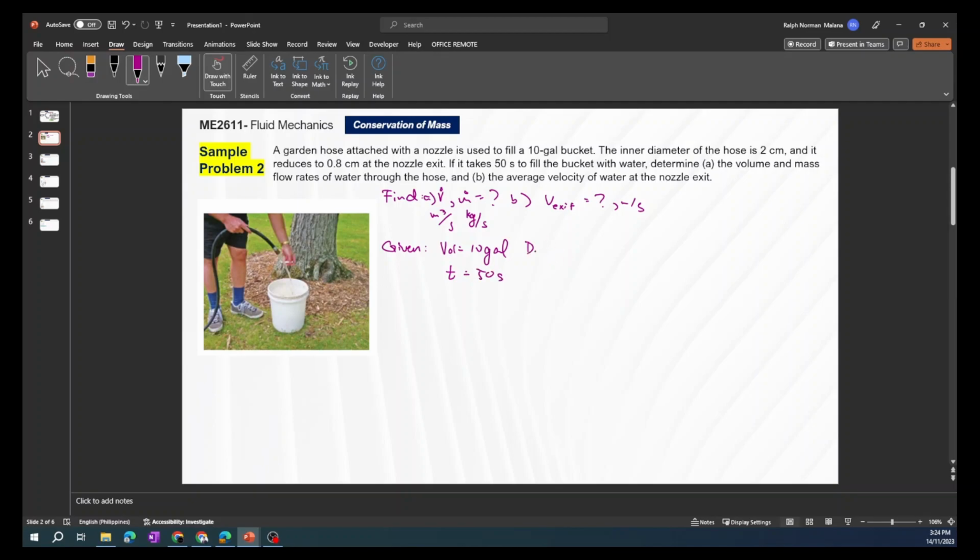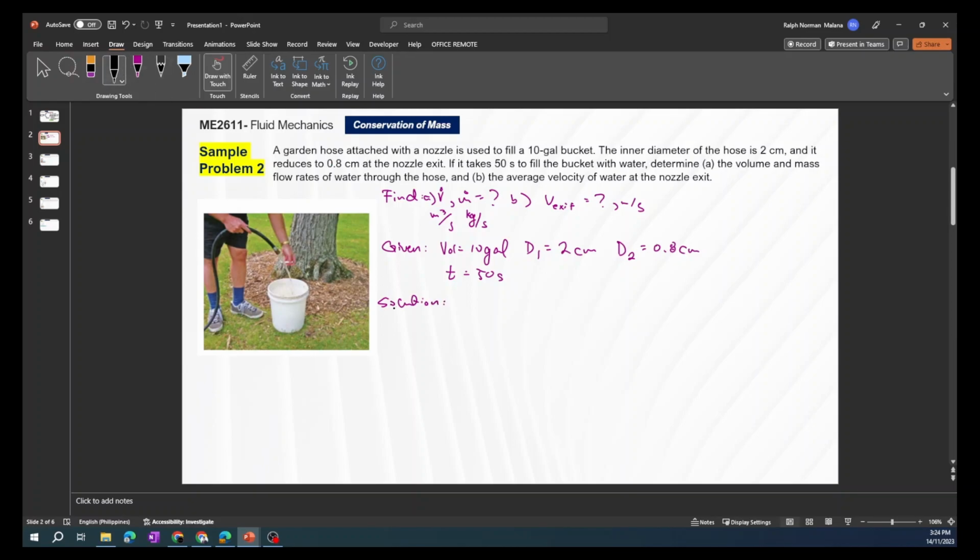We have diameter 1 at 2 centimeters, and we have diameter 2 at 0.8 centimeters. Okay. Now we can begin solving.